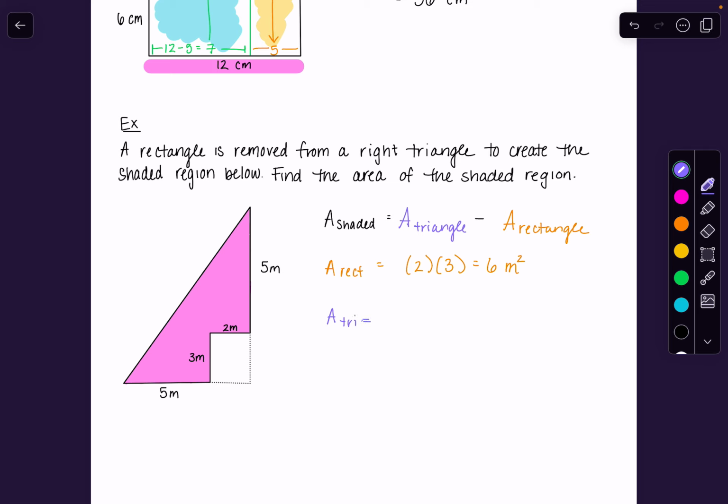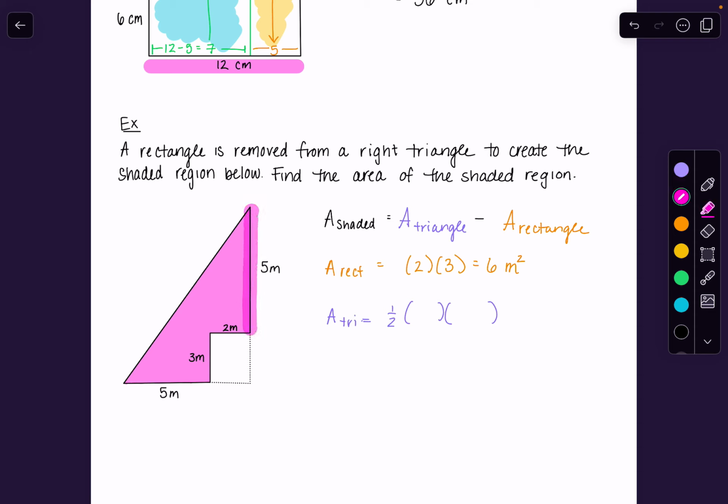Okay. And I know this is 1/2 the base times the height. The problem is my base is this entire thing, and my height is this entire thing. But these 5s are only representing that one portion.